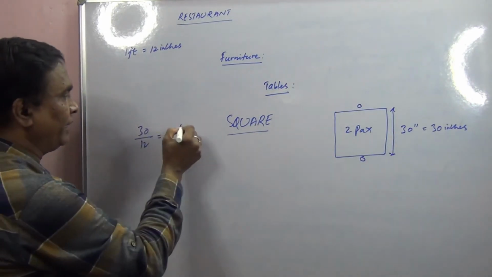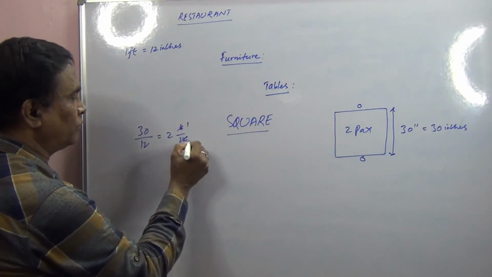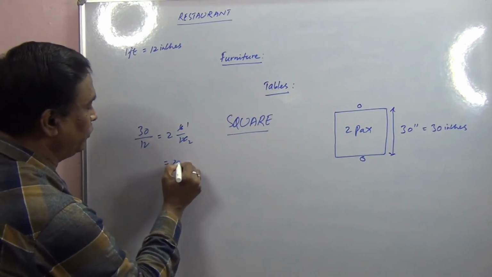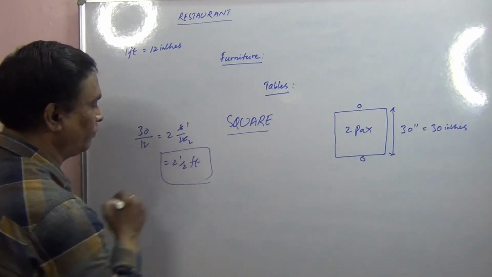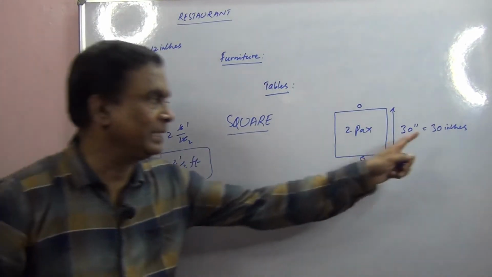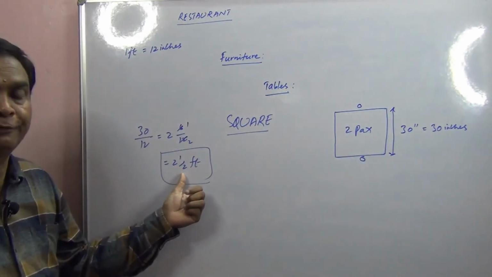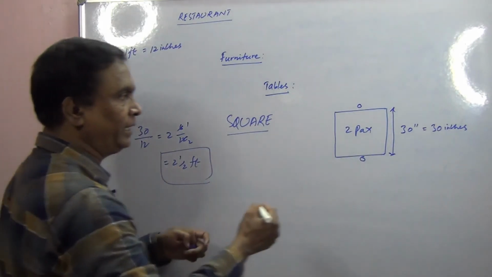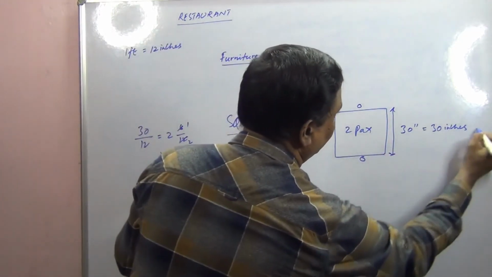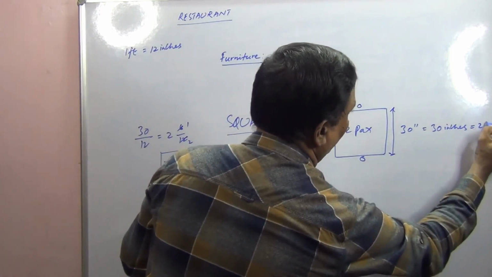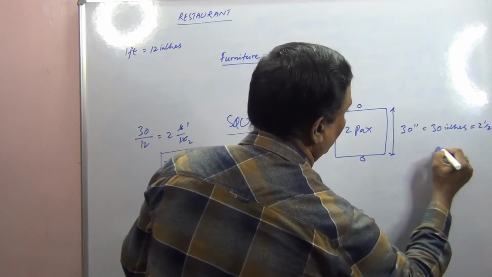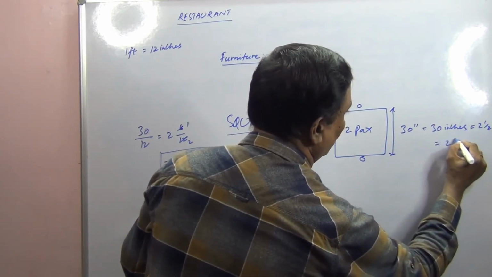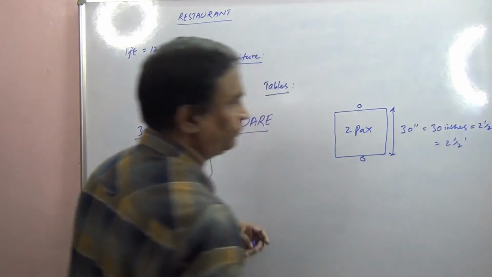Again we can simplify it, 1s and 2s. So finally you get 2.5 feet. So this is equivalent to 2.5 feet. So that can be written here. Also can be written as 2.5 feet.